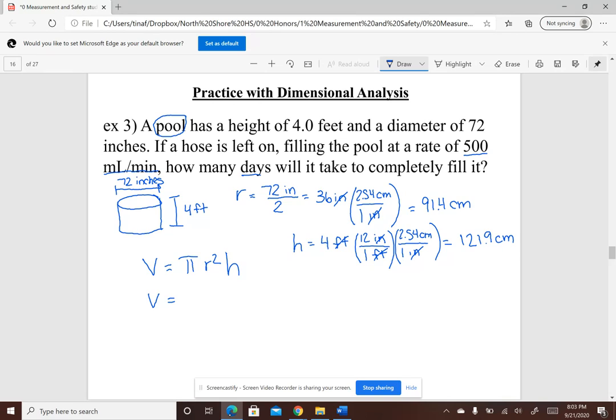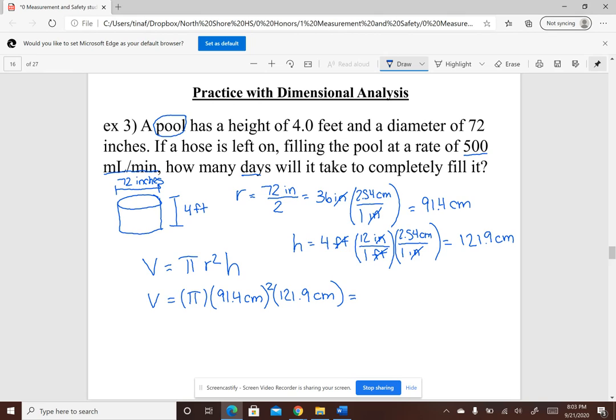Okay, so now that everything is in the same unit, I can go ahead and plug in my volume. So volume equals pi times radius squared. So that's 91.4 centimeters squared times height, which is 121.9 centimeters.